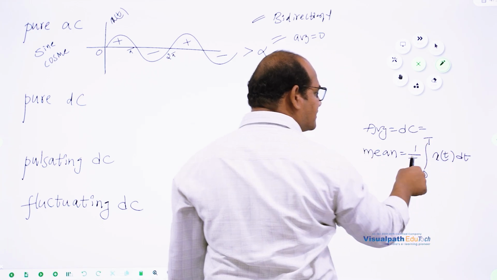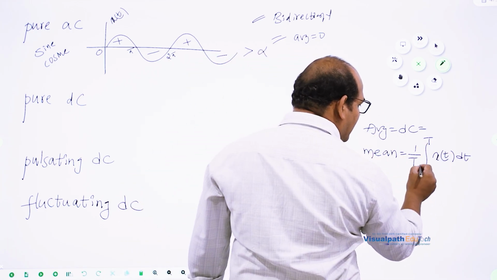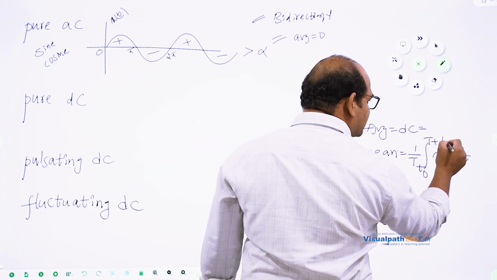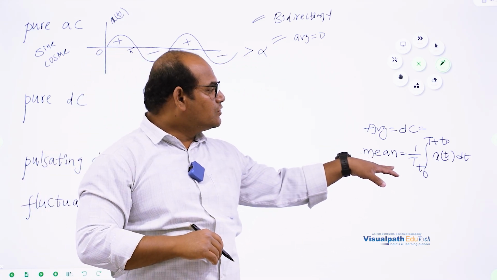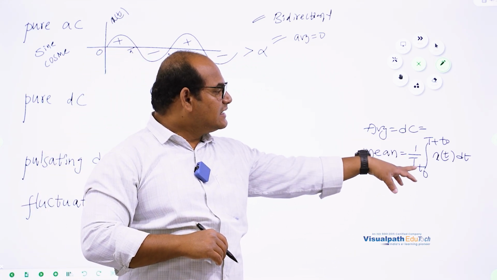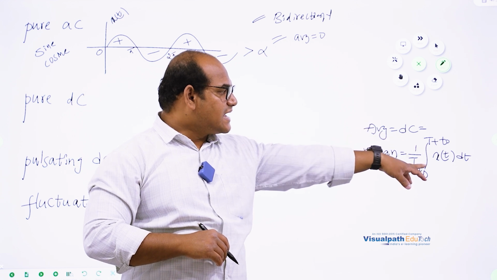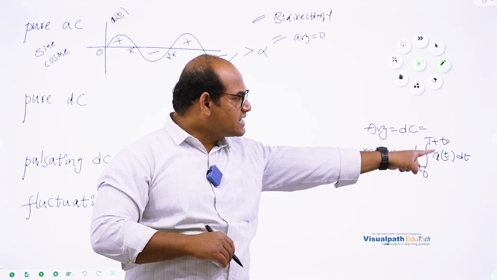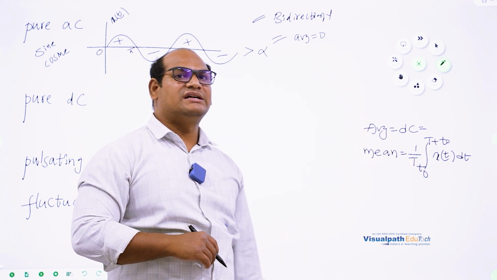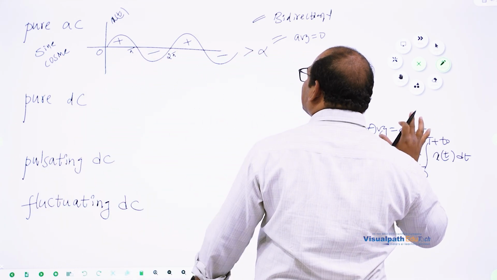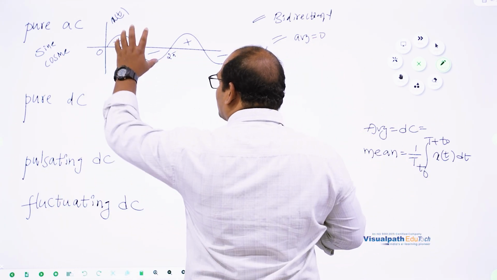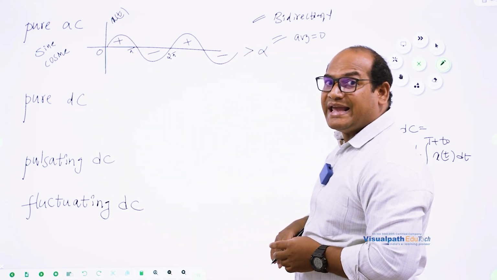You need not take only 0 to T; you can take from any t naught to t naught plus T, that means over one period we are performing the integration. So mean value is equal to 1 by T integral t naught to T plus t naught x of t dt. You integrate the signal over one period and divide it by the time period. Whatever value you get is called the DC value. This DC value or average value is equal to 0 for the pure AC signal.